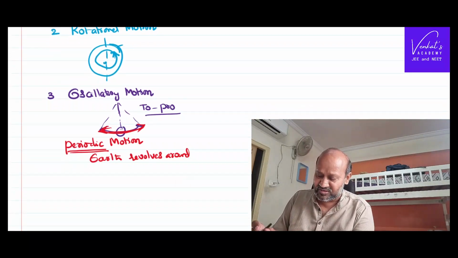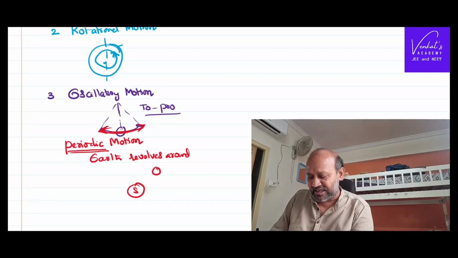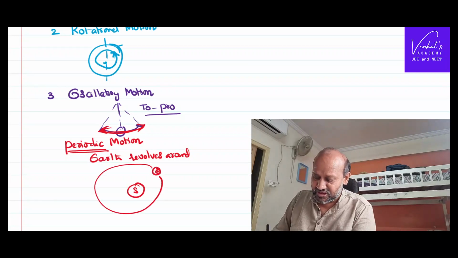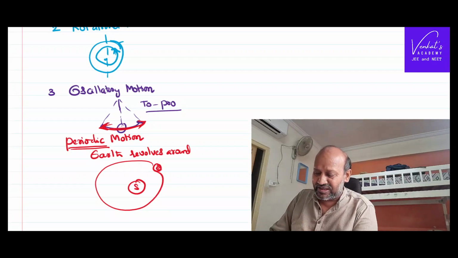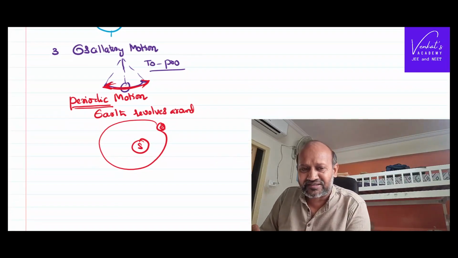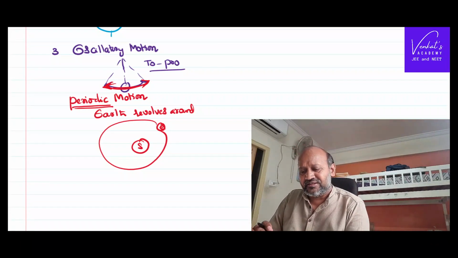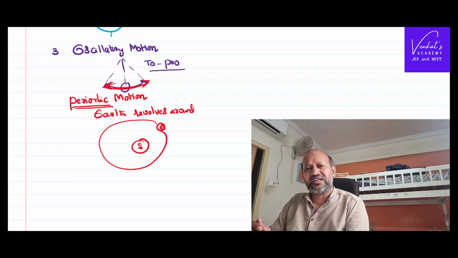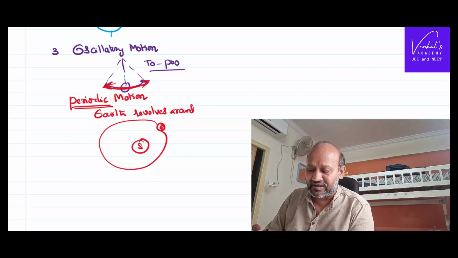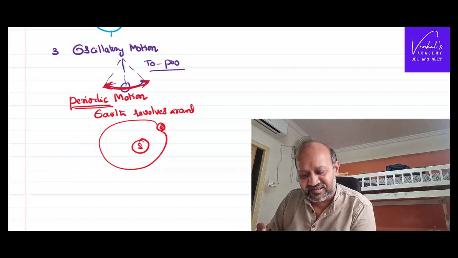Earth is actually moving around the sun, so that's a kind of rotational motion. Similarly, I go to office every day and come back. There are so many kinds of motions that are periodic but not oscillatory.